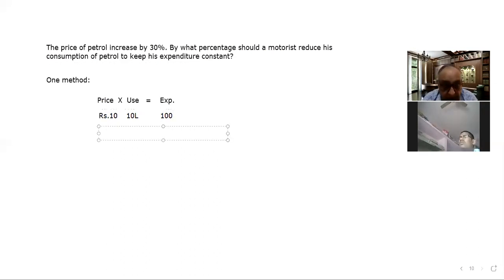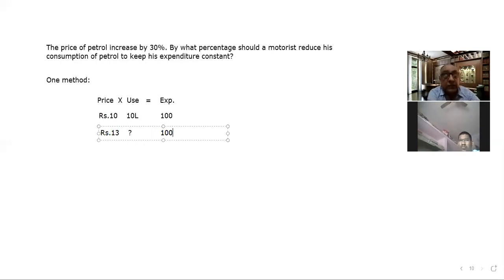It means 30% of rupees 10 is 3, so the price has become rupees 13 per liter. By what percent should he reduce the consumption of petrol so that expenditure remains constant? Constant means the expenditure should remain 100 only. So this is the question here.